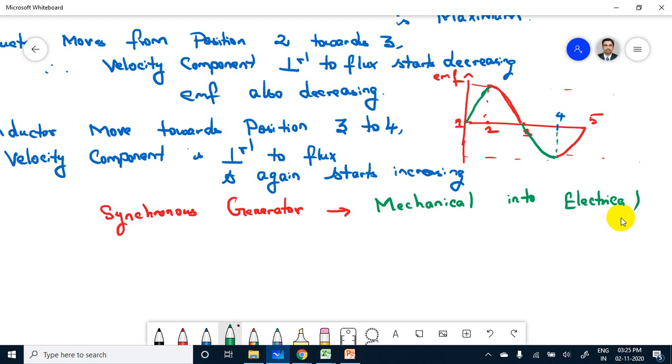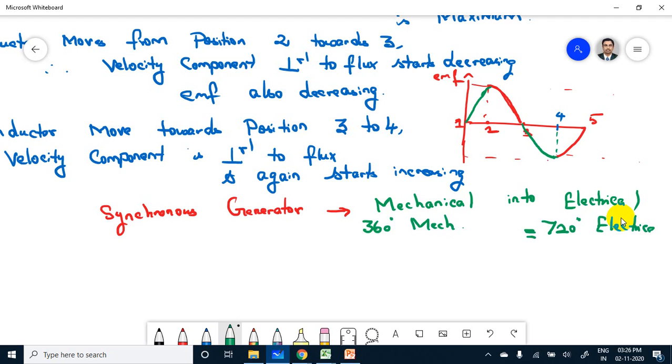So there will be a relationship between these two energies, that is in terms of angle. Because when the machine starts rotating, 360 degrees mechanical is equal to 720 degrees electrical, 2 times.